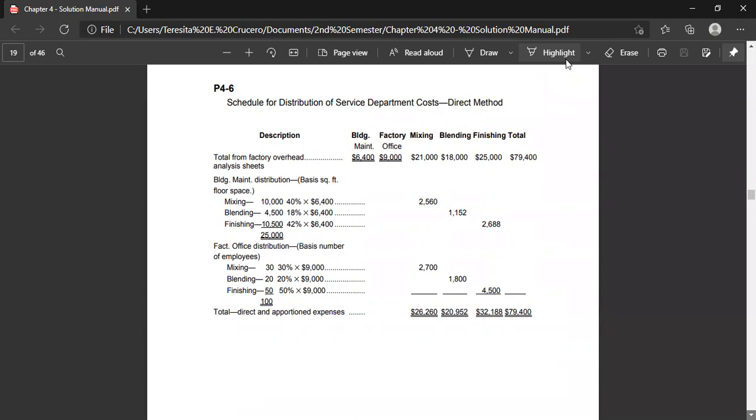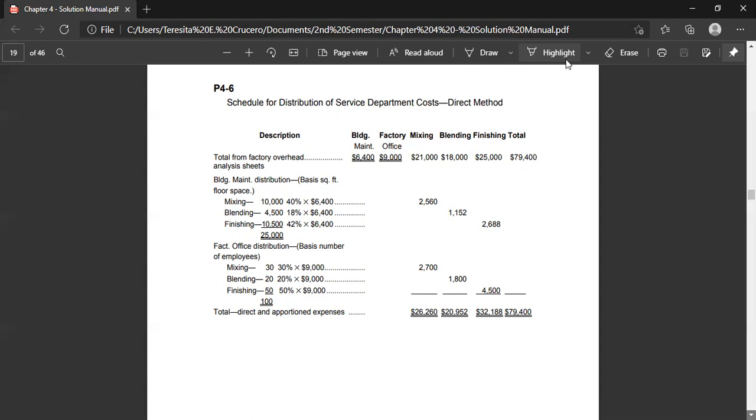Mixing, blending, and finishing are your production departments. However, your factory office and building maintenance are your service departments. The first three departments are engaged in production, whereas your factory office and building maintenance are service departments.